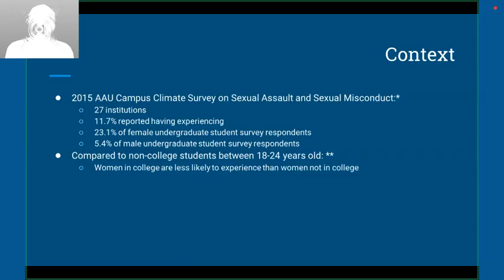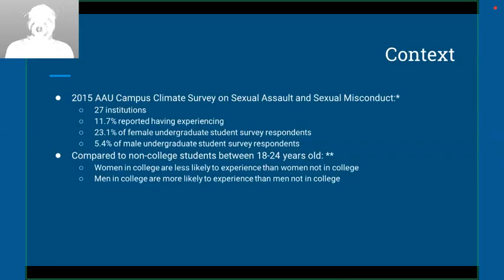And so one of the takeaways from those comparisons is, looking at two similar studies, and of course that's always imperfect to do, it looks like women in college are less likely to experience non-consensual sexual contact than women in the same age range. So women between the ages of 18 and 24 who are enrolled in college are about 20% less likely to experience non-consensual sexual contact than women aged 18 to 24 not in college, according to the comparison of these two.